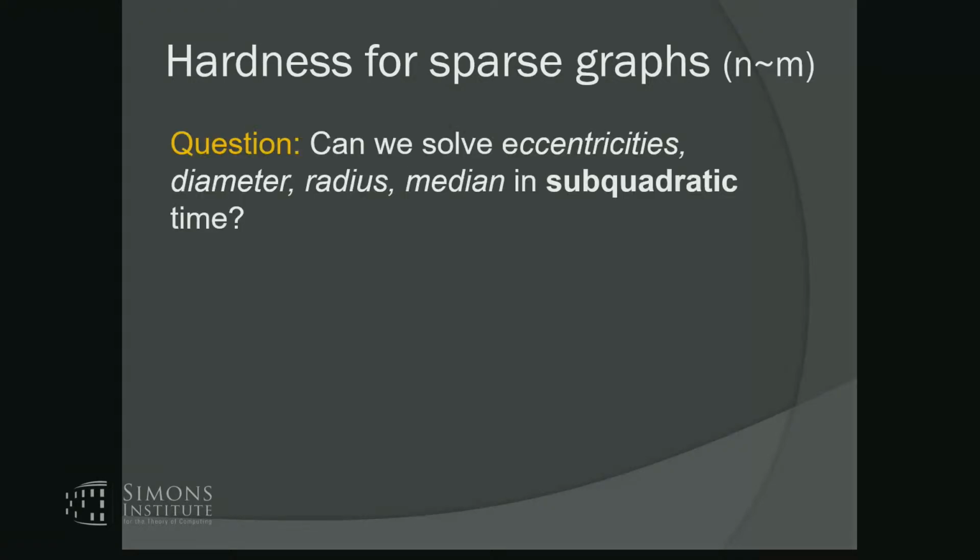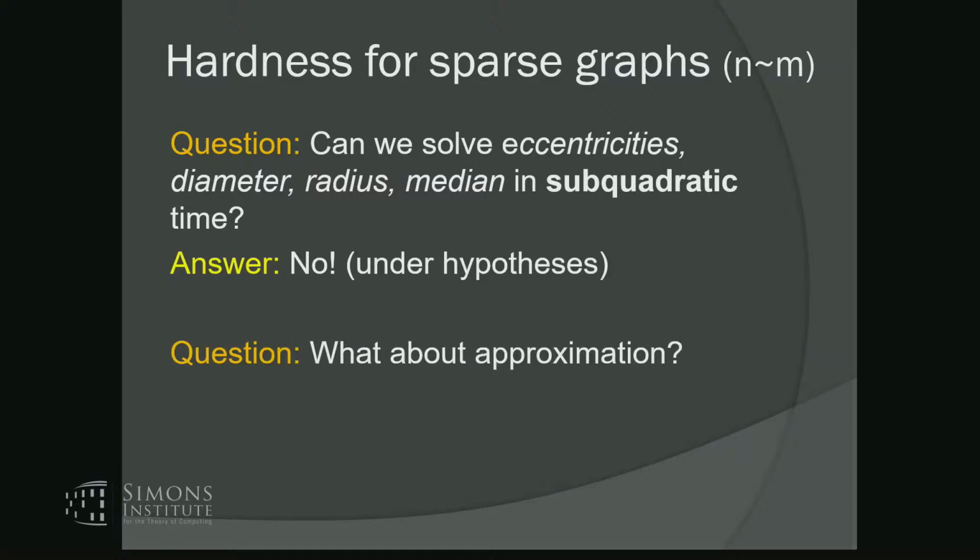Okay, so in sparse graphs, again, the question is, can we solve these problems that we care about, eccentricities, diameter, radius, median, in subquadratic time, that is, n to the 2 minus epsilon? And the answer turns out to be no, under some hypotheses. After that, we can ask the question of, what about approximation?